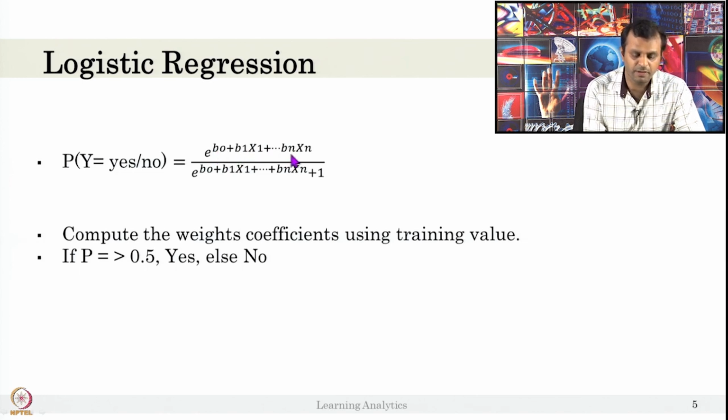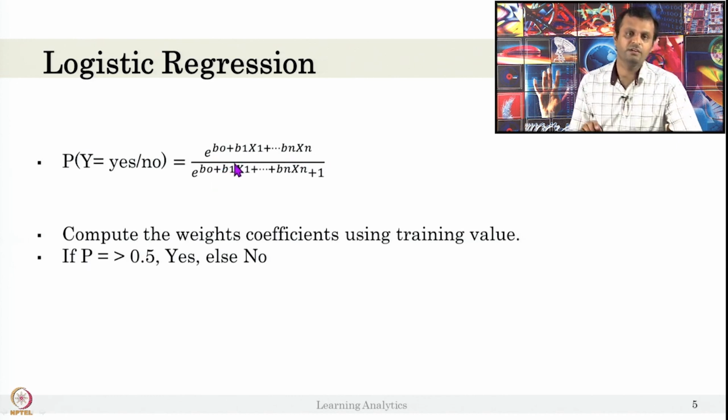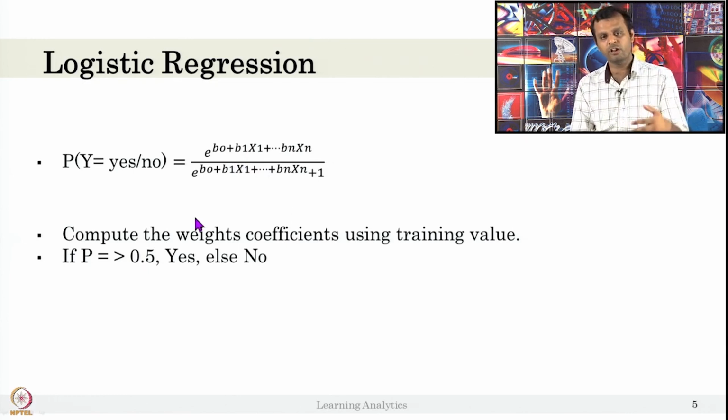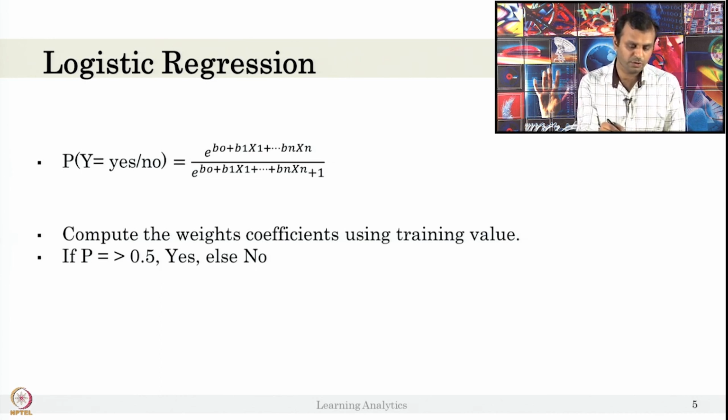The b1 to bn are weights, x1 and so on are the independent variables and b0 is the intercept. Given a lot of training data, the model tries to fit this particular equation. After fitting this equation, we can use it to predict on future data, that simple as it is. Do not worry about how this fits into the model, let us not go into the detail of logistic regression here.